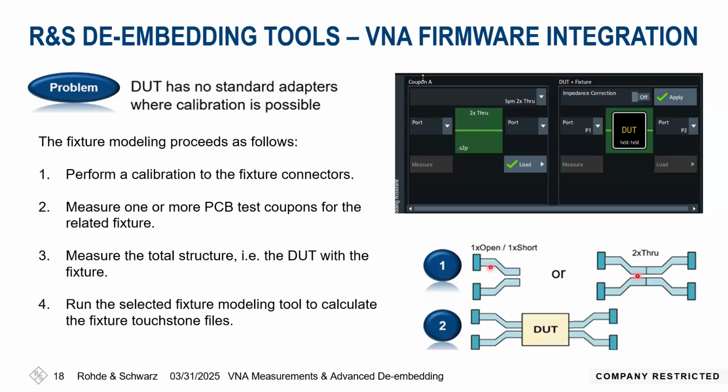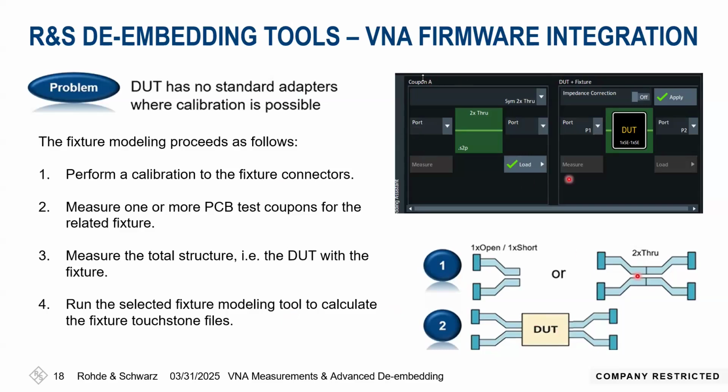After measuring the coupons, you can measure the complete structure with the DUT and the fixture. And then simply with the click of a button, you can run the fixture modeling tool, and the results of the DUT are calculated and displayed.